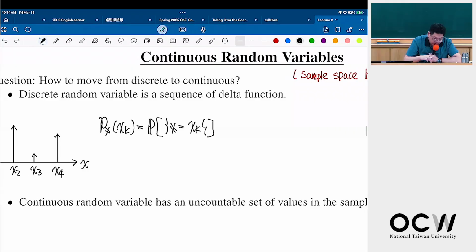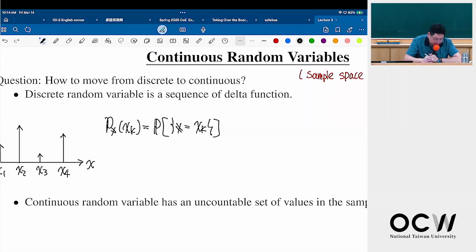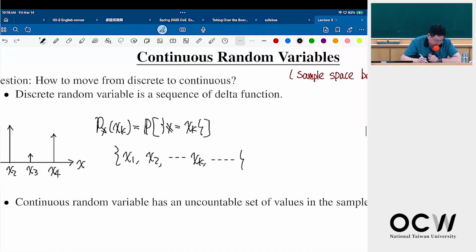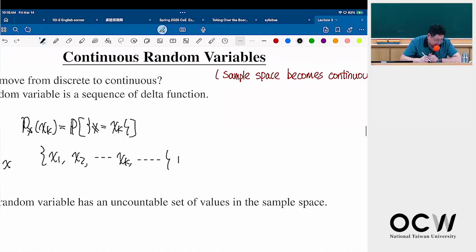And this x1, x2 to xk, or this lowercase x, to xk, or even more, is a countable set.